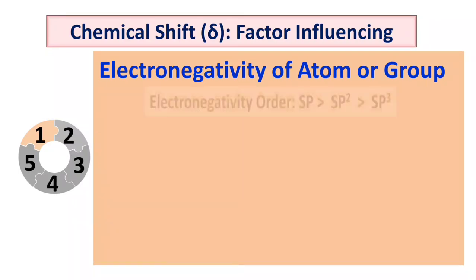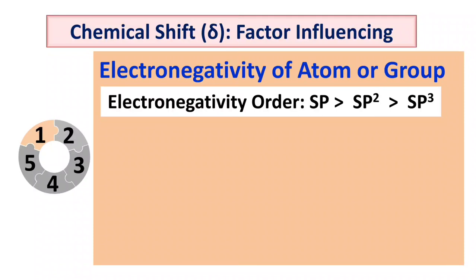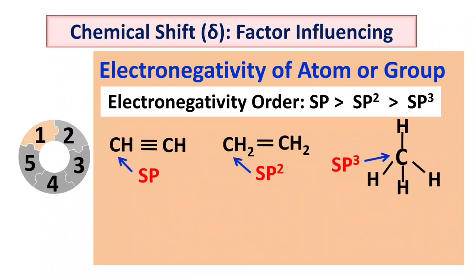Now let's consider the electronegativity order of carbon in acetylene, ethene and methane molecules. As you know, in acetylene the carbon is sp hybridized, in ethene the carbon is sp2 hybridized, whereas in methane the carbon is sp3 hybridized.